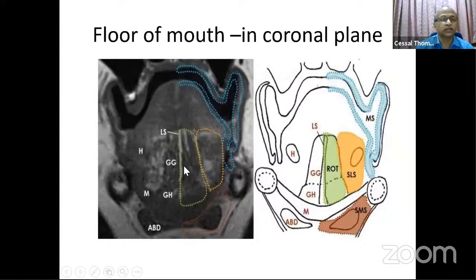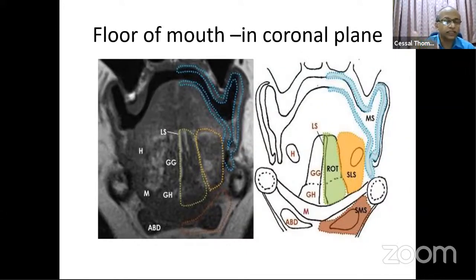In the coronal view, this is the sublingual space, and this is the genioglossus muscle. Here you are seeing one more muscle, the geniohyoid muscle, inferior to the genioglossus. The geniohyoid is from the lower genial tubercle to the hyoid bone.